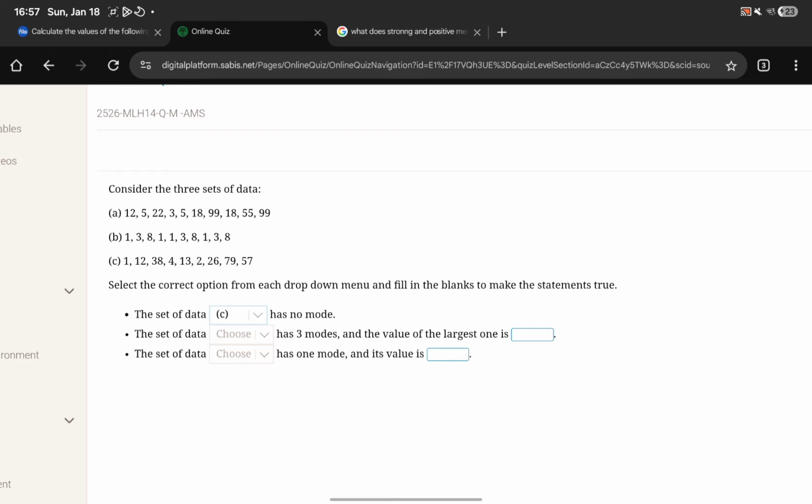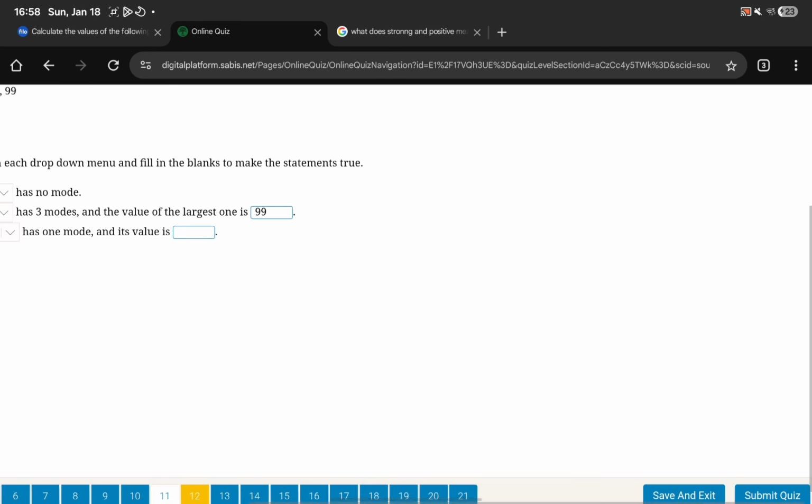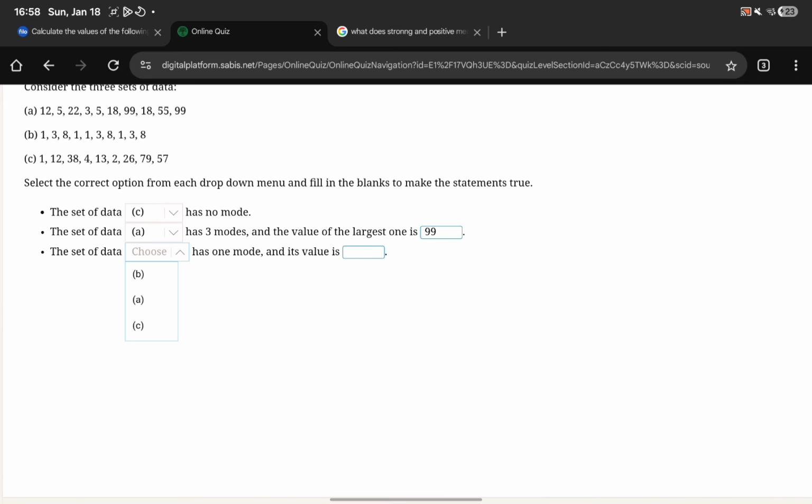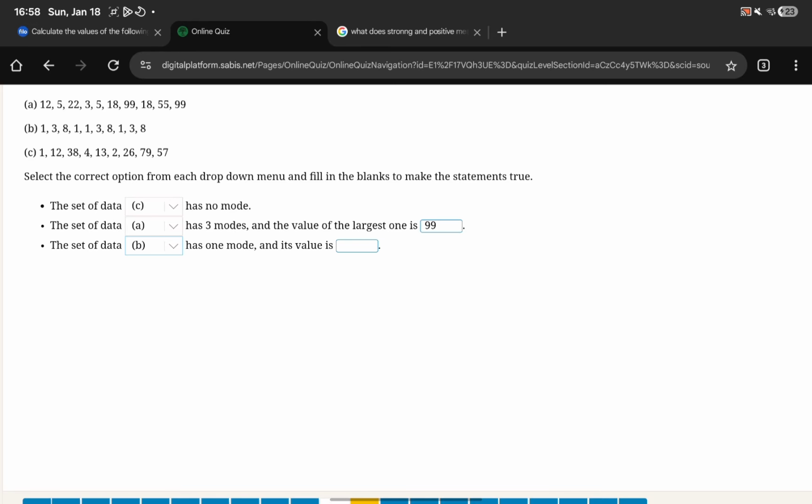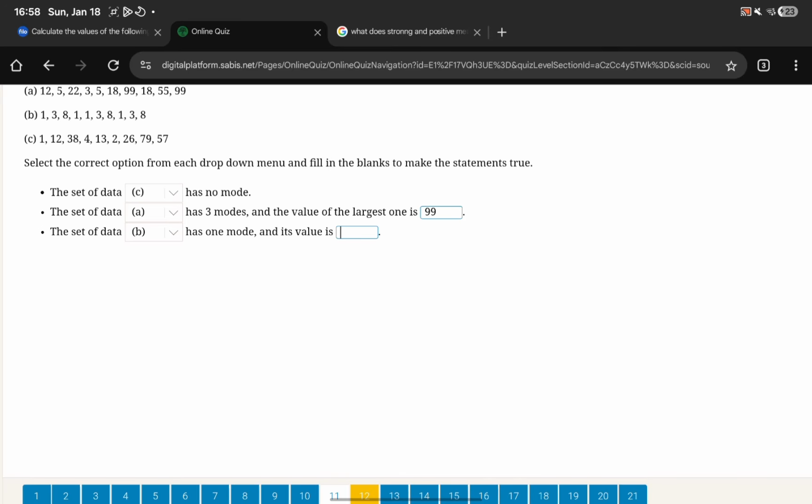What number occurs the most? 18 occurs 2 times, 5 occurs 2 times, and what else? 99. So A has 3 modes and the value of the largest one is 99. That's pretty clear. And the set of data, anyways, it's just one left. It's B. It has 1 mode and its value is, because 1 occurs 4 times, so it's 1.